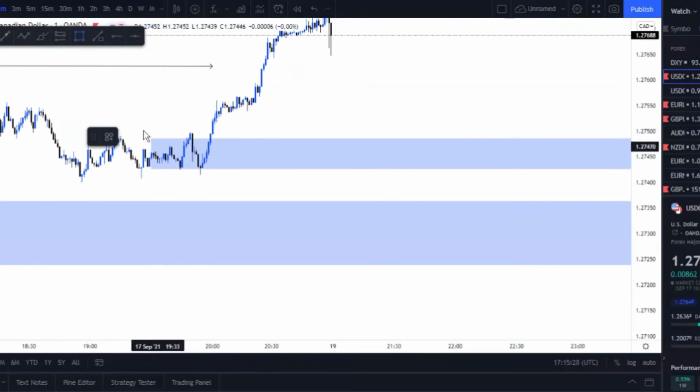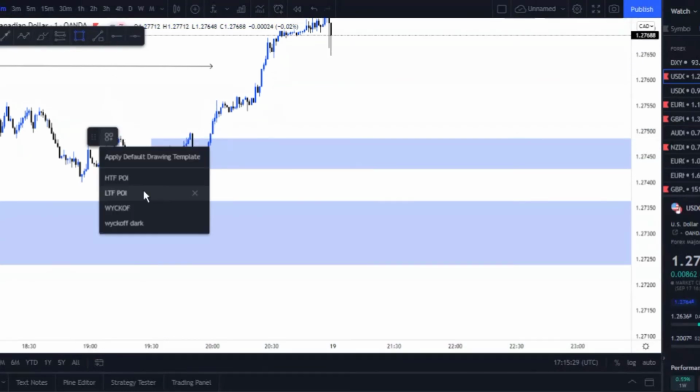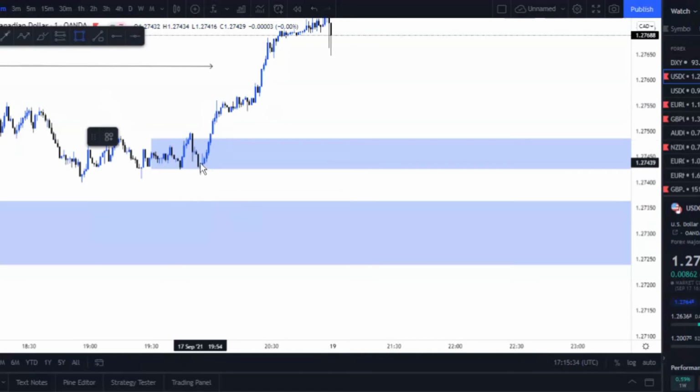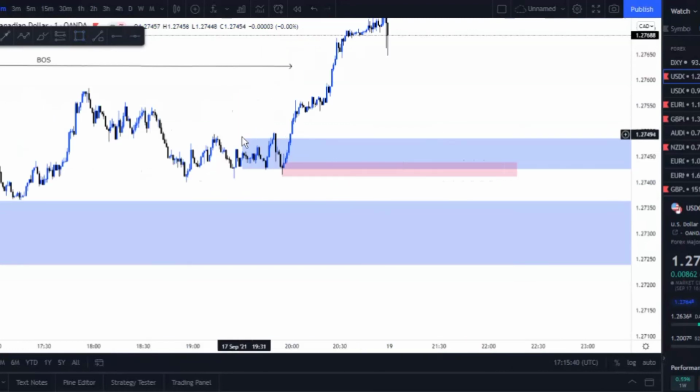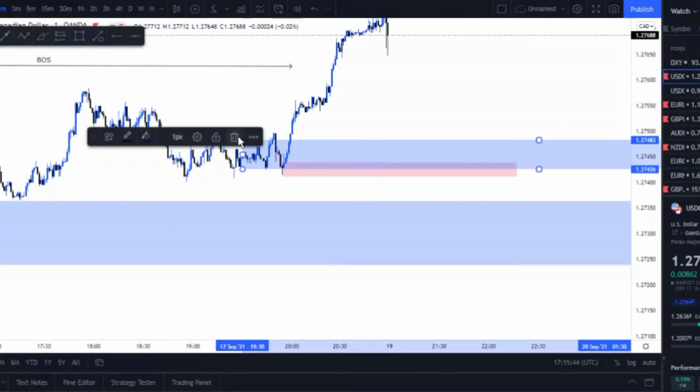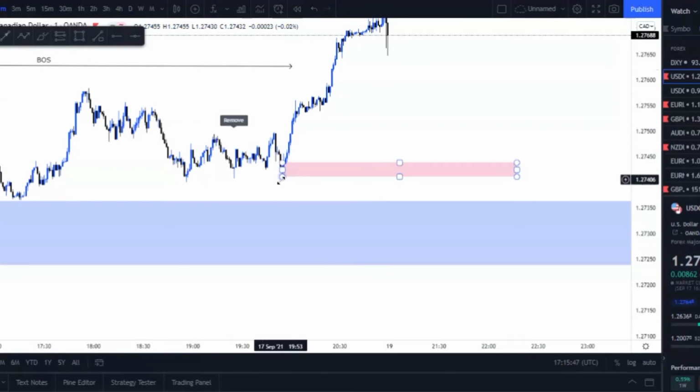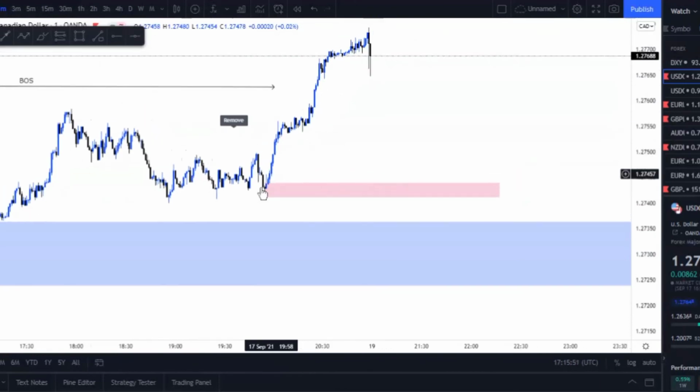So I've already analyzed this, and this is my POI. This is the last down candle that made all this move to the upside, and since then price hasn't traded inside the zone.